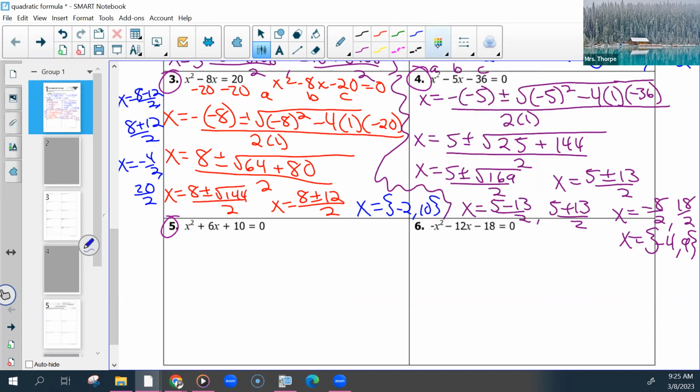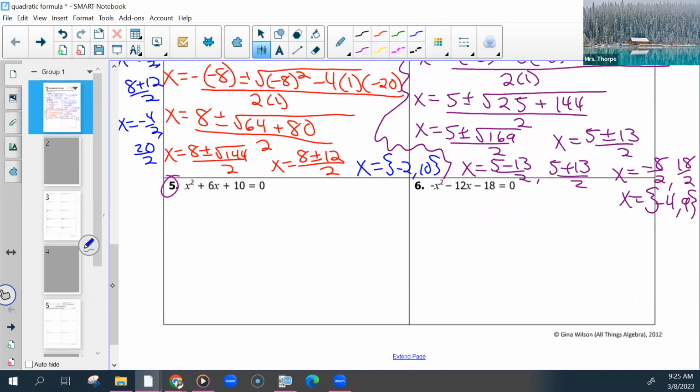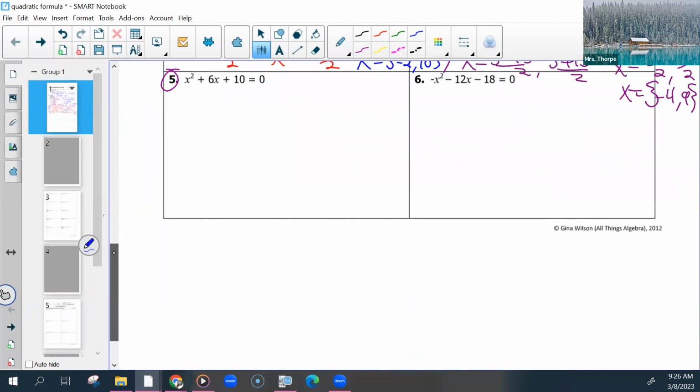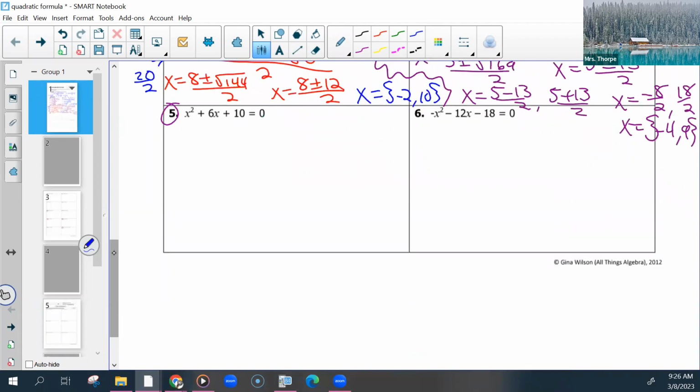Questions on 4 before we do 5? Number 5, let's do the same thing, label them A, B, C. Start the process, x equals -b plus or minus the square root of b squared minus 4 times a times c all over 2a.